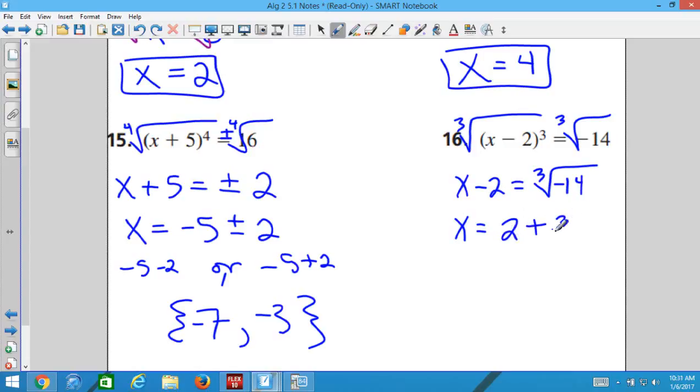So I get 2 plus cube root of negative 14. I don't know what that is, so I'm going to type it on my calculator. It's just one answer. Negative 0.41.